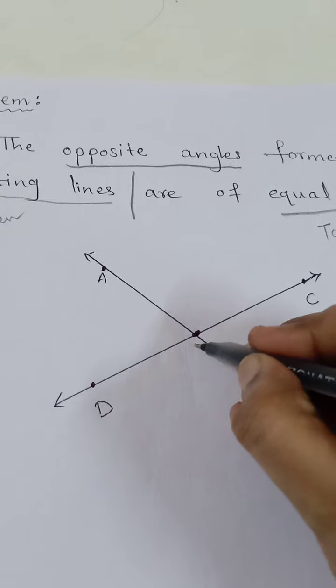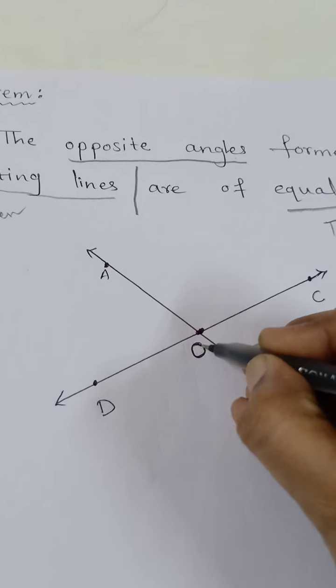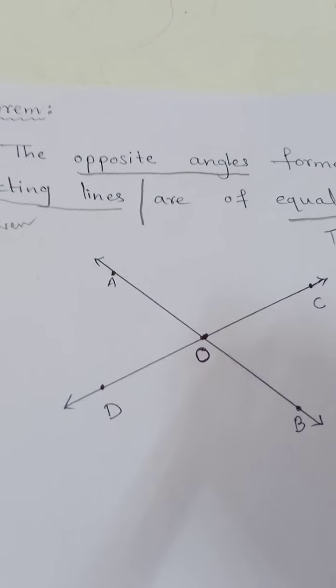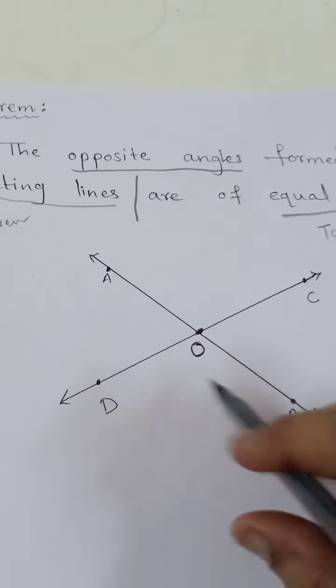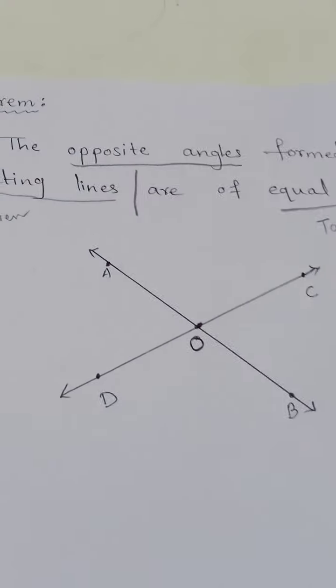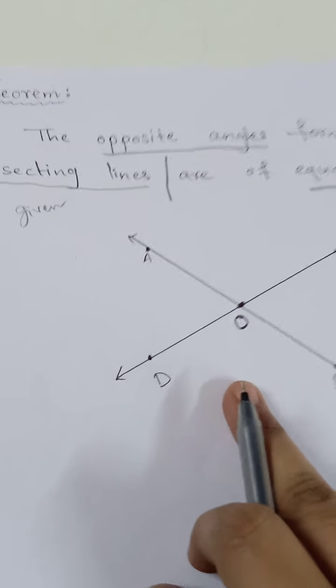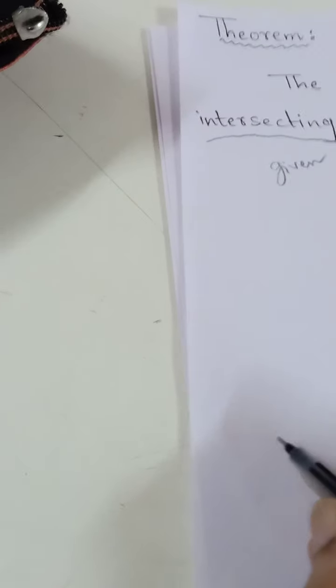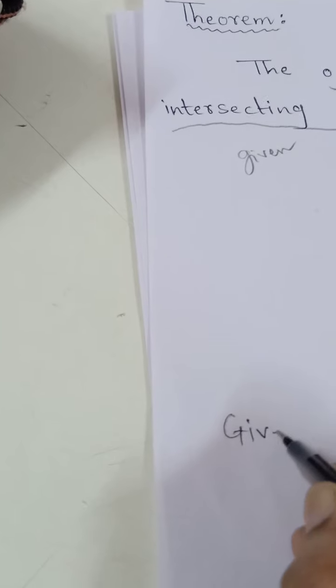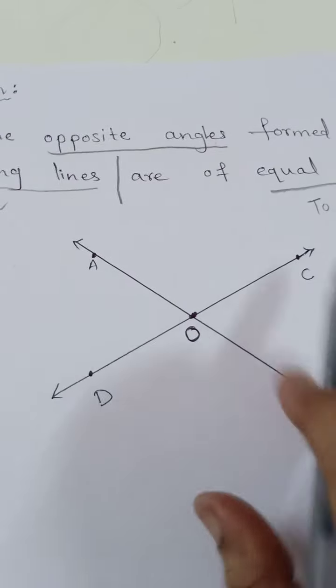So we can give the point O as the point of intersection of these two lines. Okay, so now our figure is completed. Now whatever we have taken in the figure, the same thing we have to write in the statement, and that will complete our third step of writing the theorem, that is given. Now what have we taken first of all in the figure?